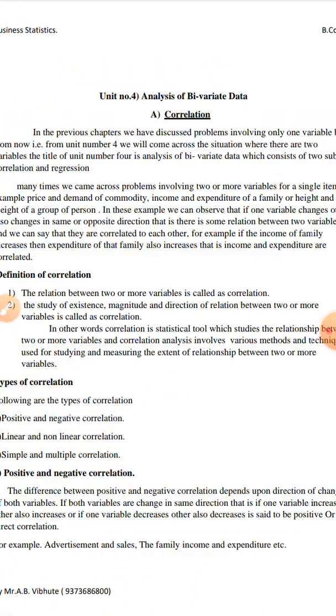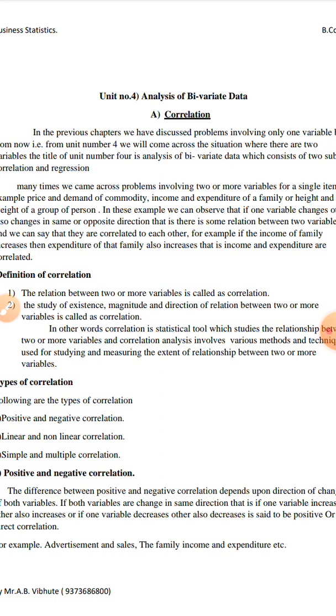The name analysis of bivariate data is nothing but analysis of two variables. Unit number 2 and 3 are also known as analysis of univariate data. Uni is nothing but only one variable, and bi means it consists of two variables.